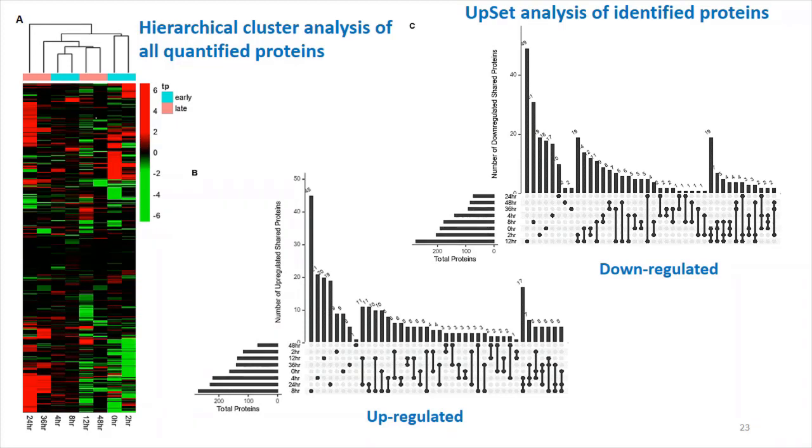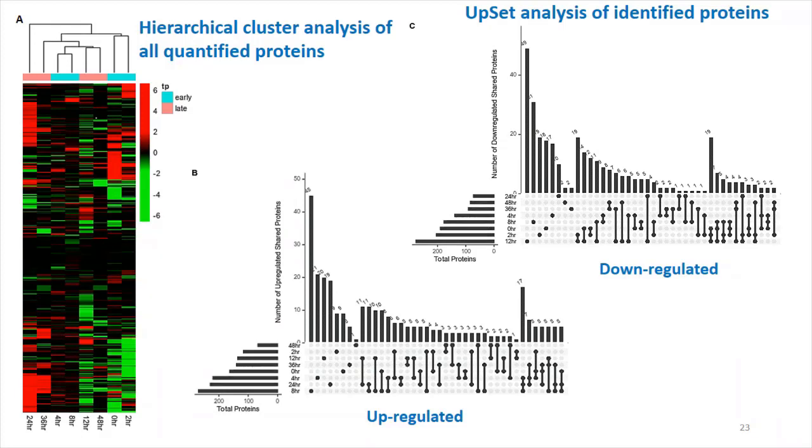For example, I don't see very well here, but it's 0 and 2 hours here. They're paired, as you can see. The only difference which we still cannot explain is that proteomic patterns at 12 hours and 48 hours post-infection were more similar than the next time point.